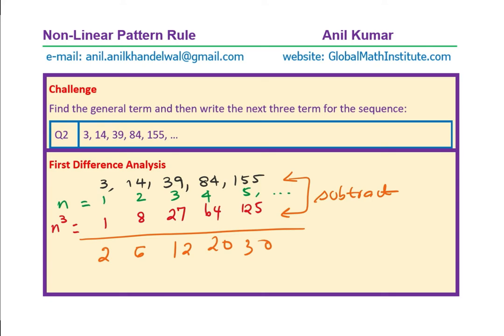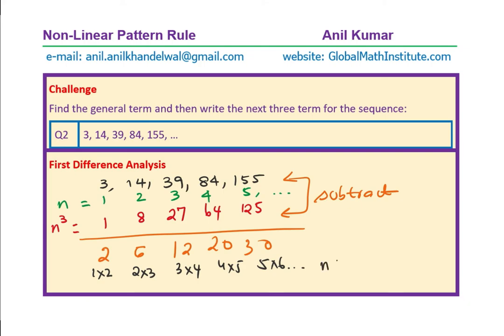Well, 2 is 2 times 1. You can write 1 times 2. First term times 2, double the first term. This is second term times 3, 3 times 4, 4 times 5, 5 times 6, and so on. Correct? So that means we have to add to n cube n times n plus 1.